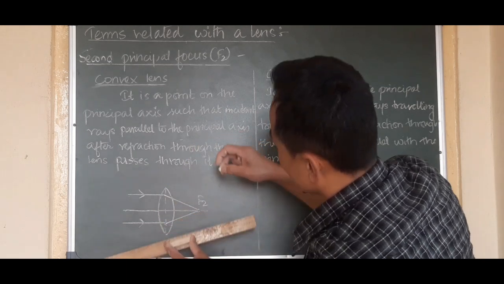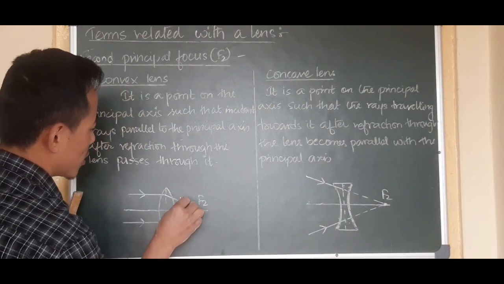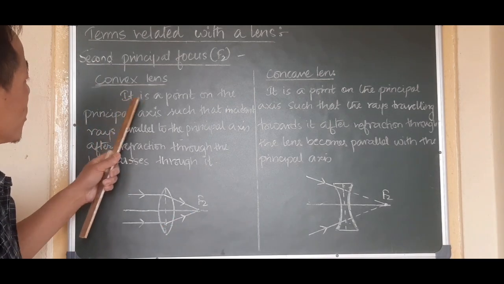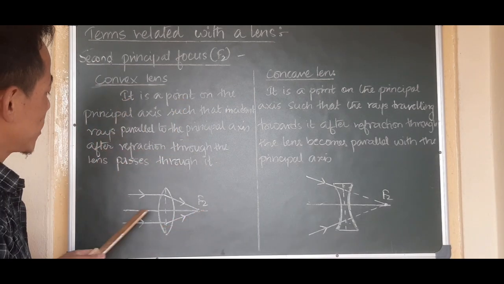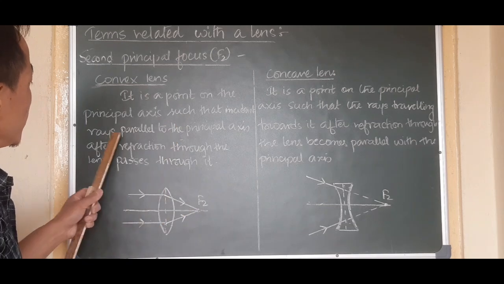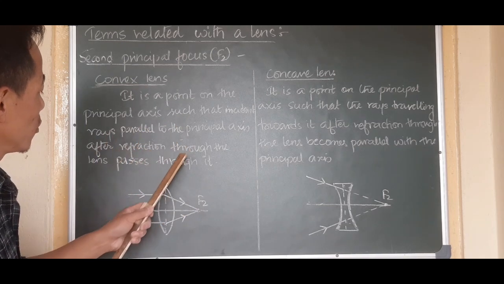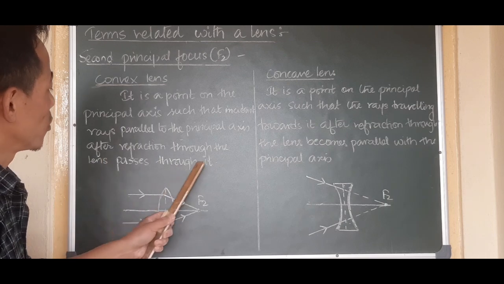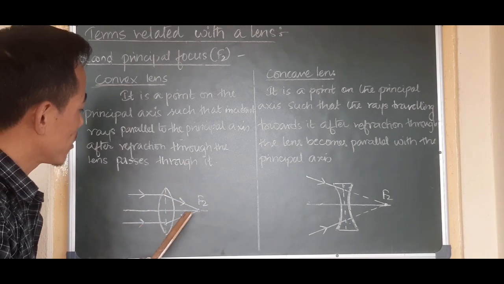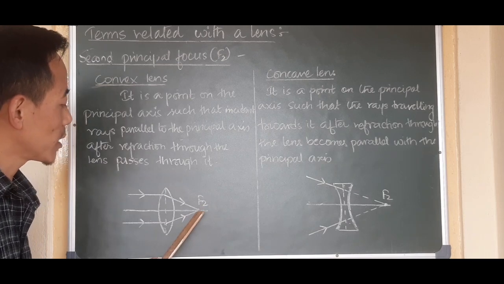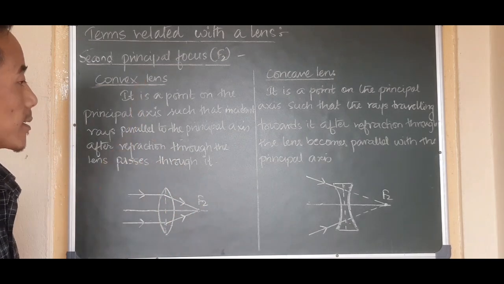So this point is called the second principal focus for a convex lens. Read the definition: it is a point on the principal axis such that incident rays parallel to the principal axis, after refraction through the lens, pass through it. That means these refracted rays will pass through this point F2. So this is the definition for the second focus of a convex lens.